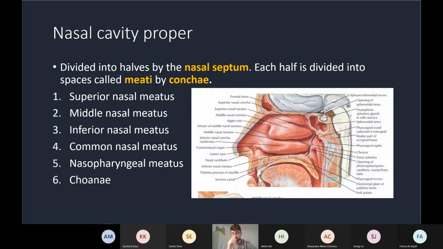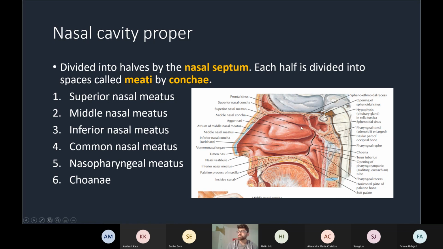So we can see three nasal conchae: a superior nasal concha, a middle nasal concha, and an inferior nasal concha. What we're looking at here is a mid-sagittal section through the skull, and we can see these three conchae quite nicely.